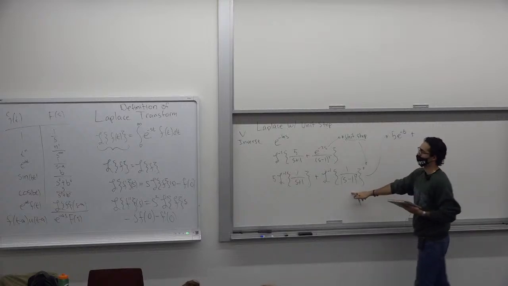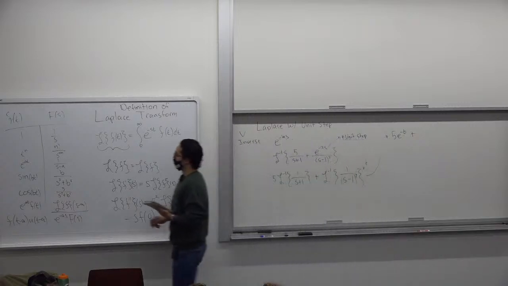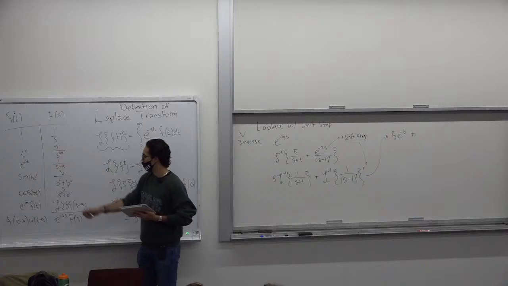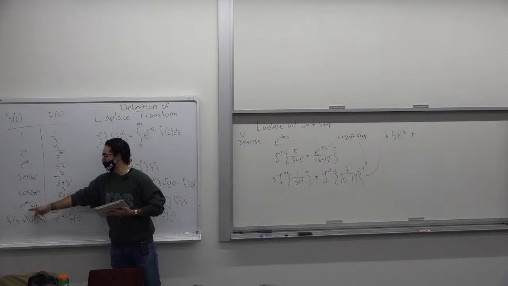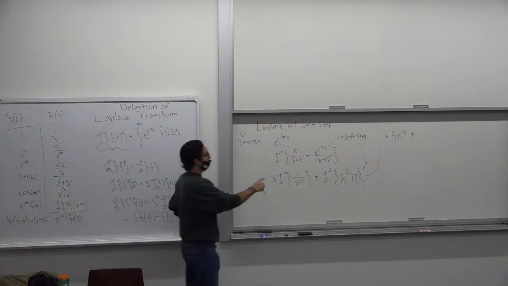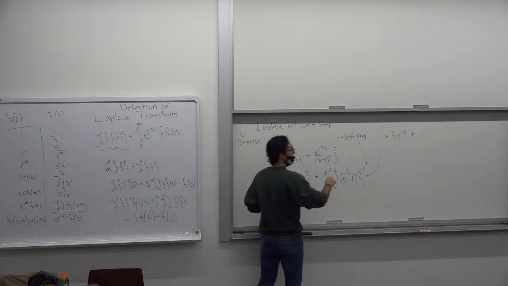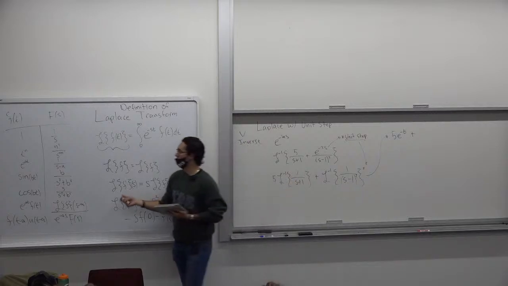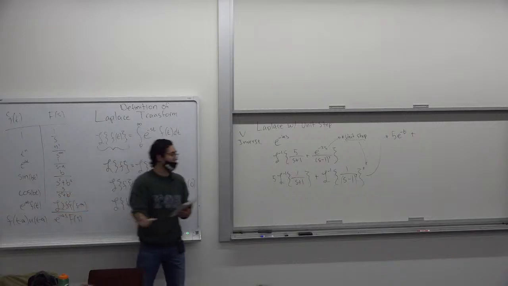Here, almost the same thing. We have an s squared term, but instead of s, we have s minus a. So it's going to be e to the at times f of t. If we look at our problem, it's s minus 1 squared. So n plus 1 equals 2, or n is 1. So it's going to be t times e to the at.